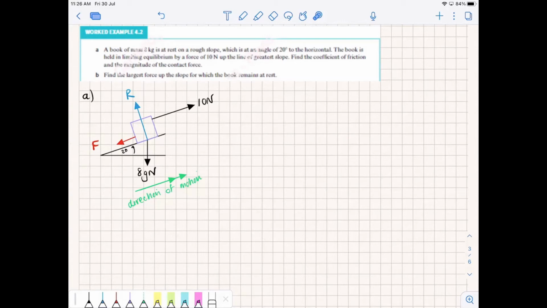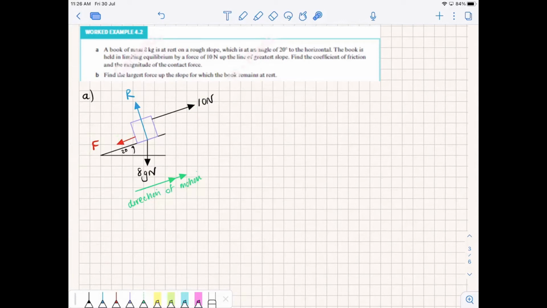So in order to find the normal contact force, I need to find all the forces acting in the opposite direction. Remember, this object is at equilibrium, so the net force must be zero. The only force that we can consider, right, this 10 newtons is perpendicular to that force, so it's not going to have an effect.